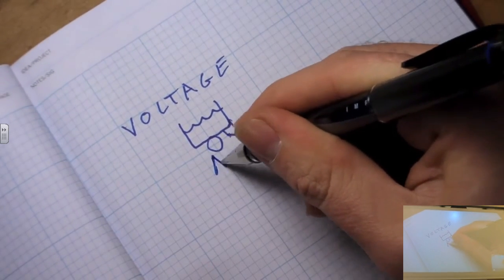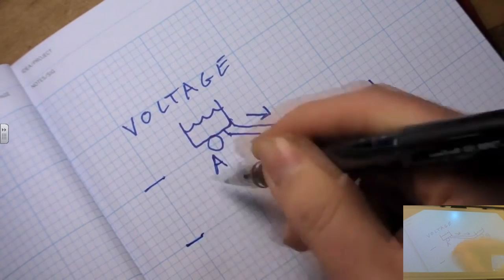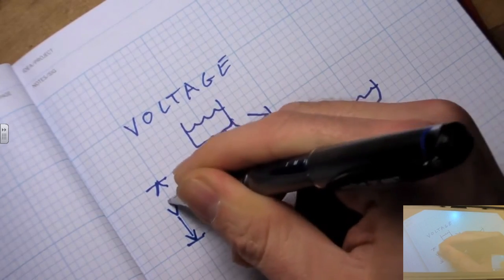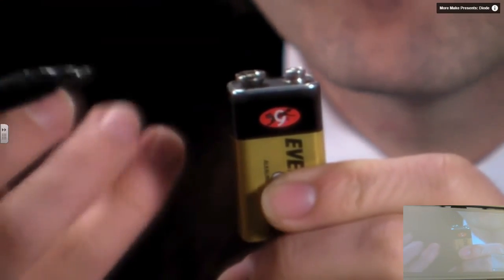This difference in height between points A and B is kind of like a voltage. So, when we talk about a 9-volt power supply, we're really talking about 9 volts difference between the supply's positive and negative terminals. And of course, voltage is measured in volts. Make sense?